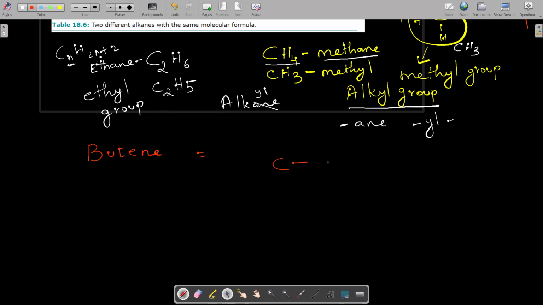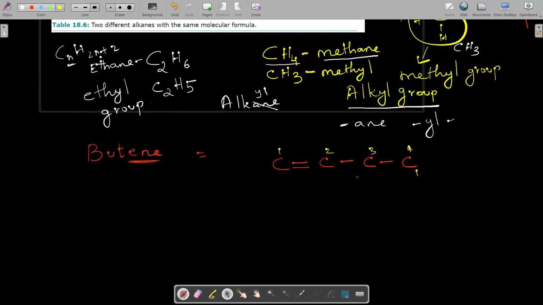So 4 carbons: 1, 2, 3, 4. Now it is an ene, so let's put the double bond here. And I told you we need to number the carbons. You can also number it this way. Whichever way you number, you take the lowest value.